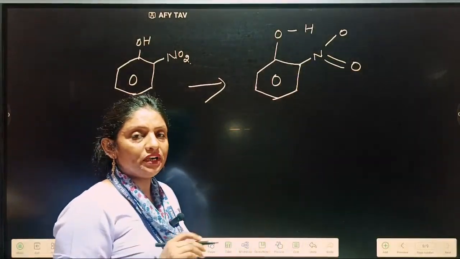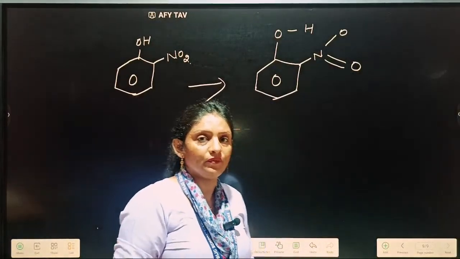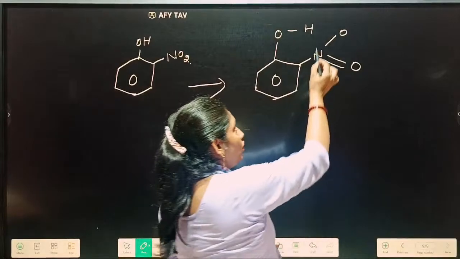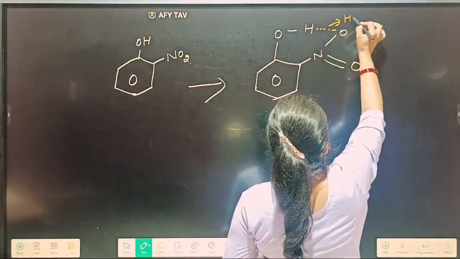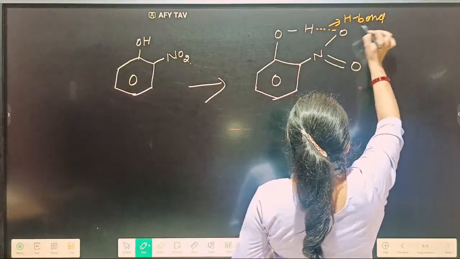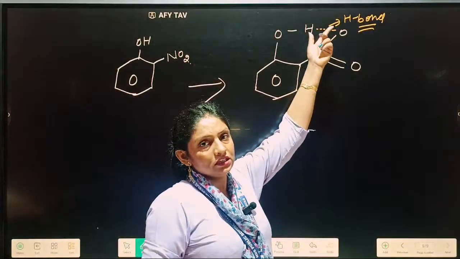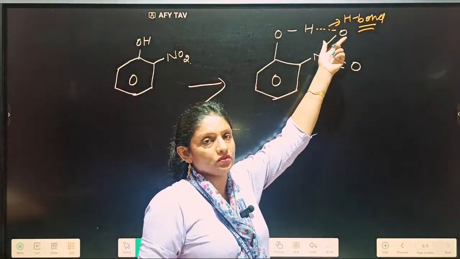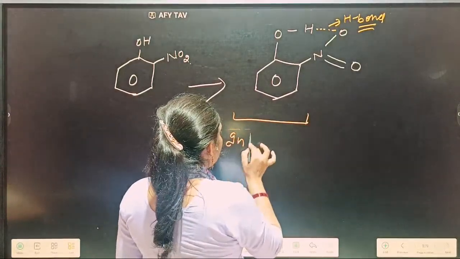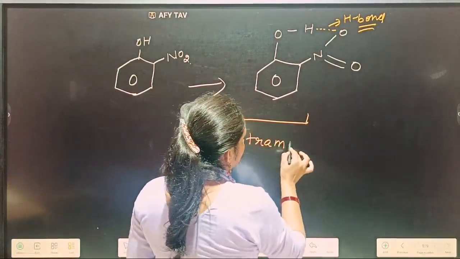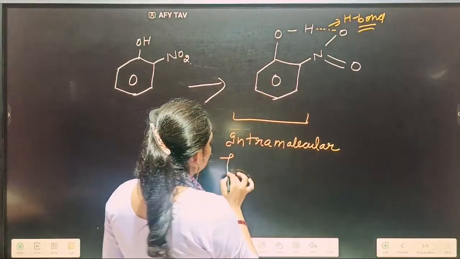So they can show interaction between them, and they can form a bond between them, known as a hydrogen bond. Here hydrogen bonding is taking place in the same molecule, in the same compound. This type of hydrogen bonding is known as intramolecular hydrogen bonding.